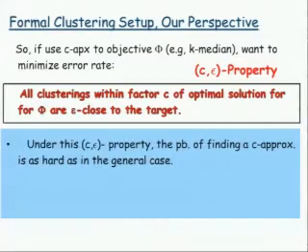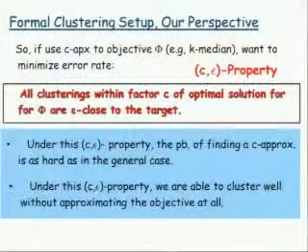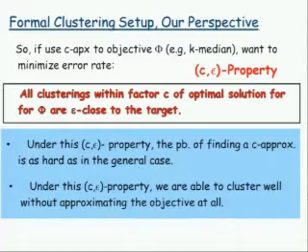Given the C-epsilon property, first of all, we can show that under the C-epsilon property, the problem of finding a C-approximation to objective phi is as hard as it is in the general case. So the problem of finding a C-approximation for objective phi does not become easier. However, under this property, we are able to cluster well.